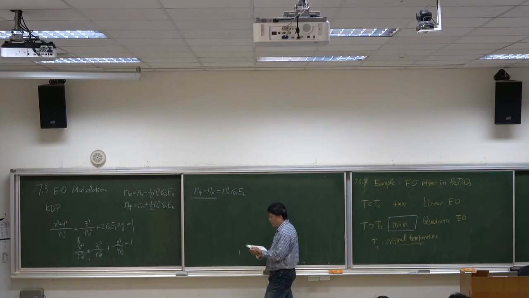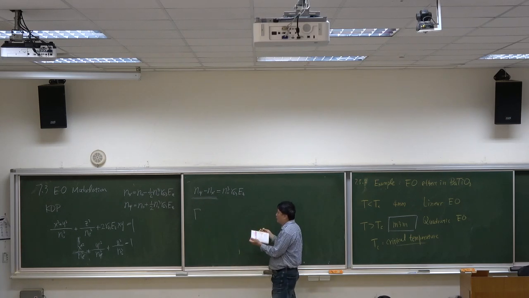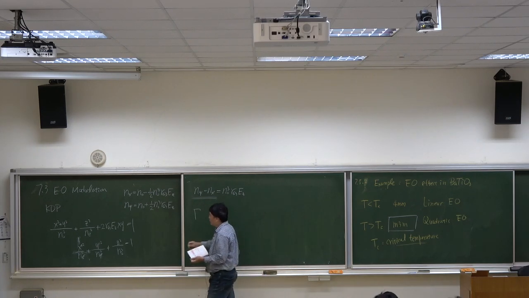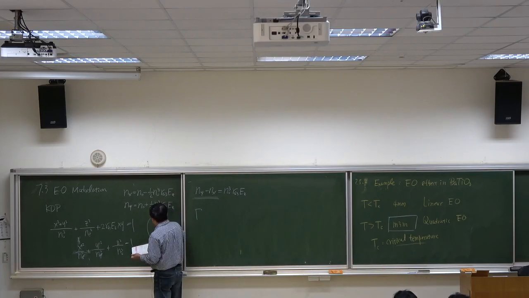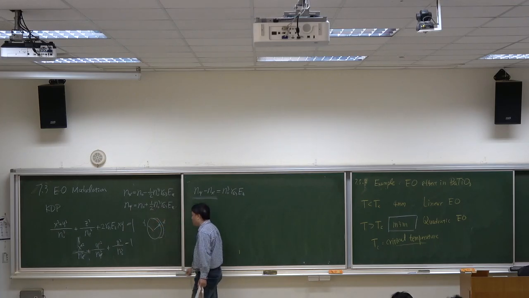Once we have this difference, we can calculate the corresponding gamma if we now use this crystal to make a wave plate. Okay, we have one axis corresponding to x prime, the other axis corresponding to y prime.